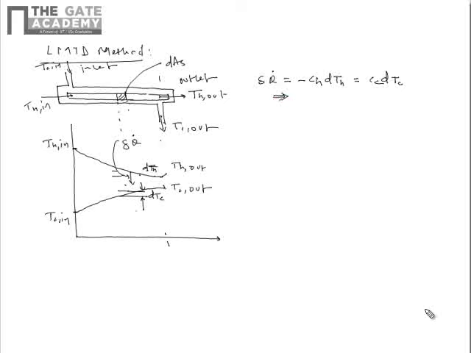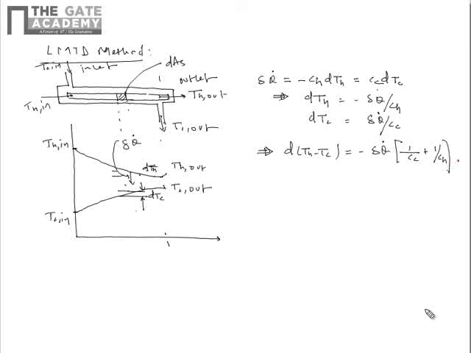From this one we can say dTh is equal to minus Q dot upon Ch and dTc is equal to del Q dot upon Cc, or we can write this as d(Th minus Tc) is equal to minus del Q dot (1 upon Cc plus 1 upon Ch).